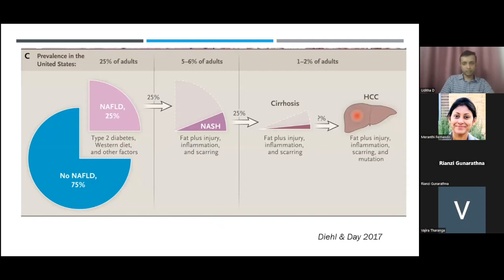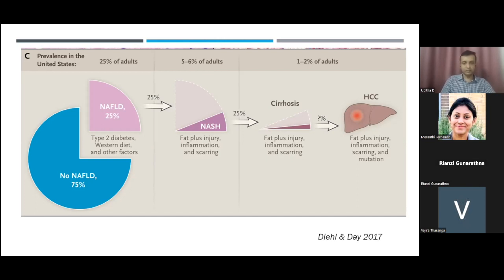Why is that important? So in this article in the New England Journal of Medicine in 2017, Dyson and Day gave a bleak outline about the future, or the natural history, of patients with cirrhosis. The prevalence of NAFL, or non-alcoholic fatty liver, in the United States was found to be about 25%, and they postulated that about 25% of those patients will go into NASH.